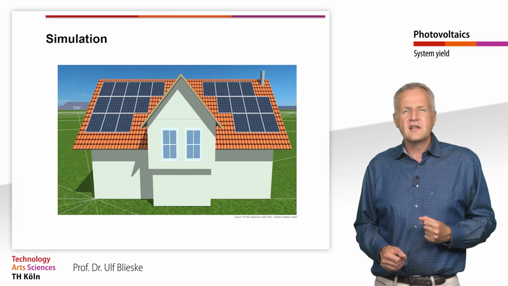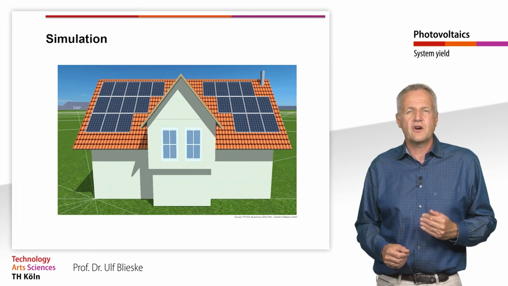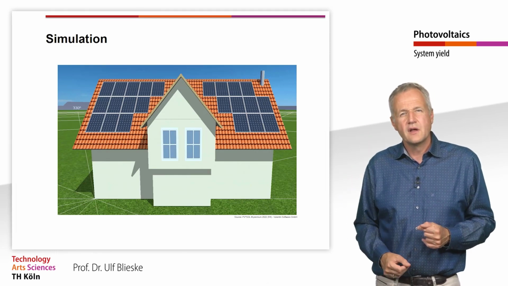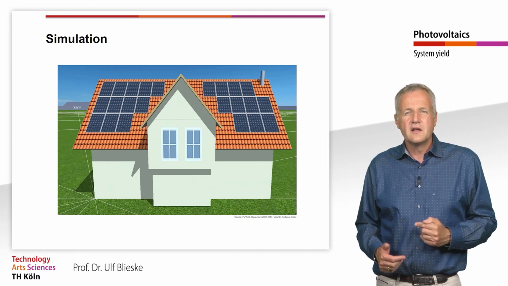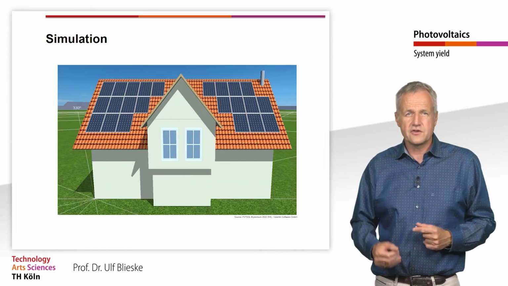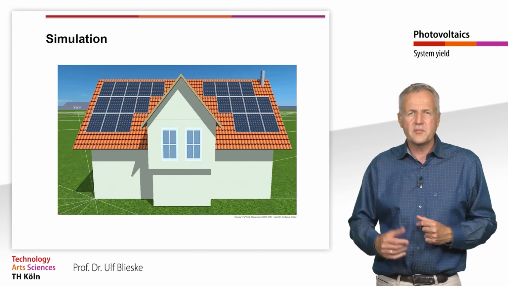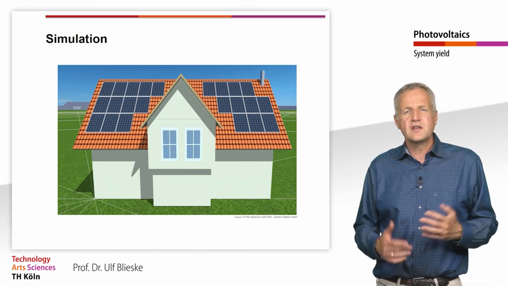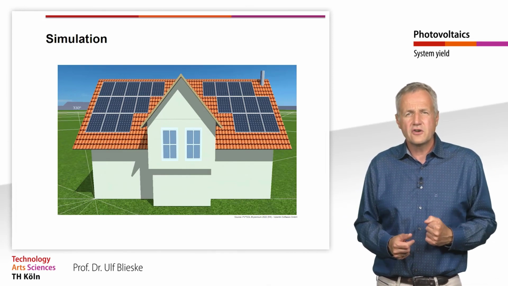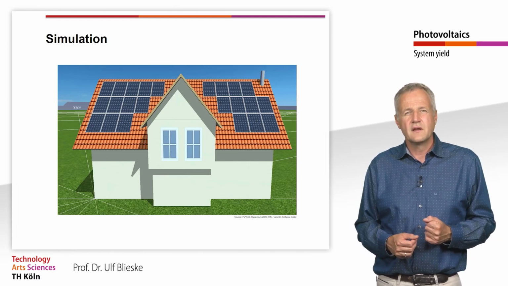We have already seen at the beginning of this unit how the hourly irradiation on the tilted surface is calculated with such a program. Based on these data, a simulation program can also calculate the losses that occur. Professional simulation programs also provide databases for different modules and inverters and support the selection and correct sizing of the inverter and the connection of the modules.